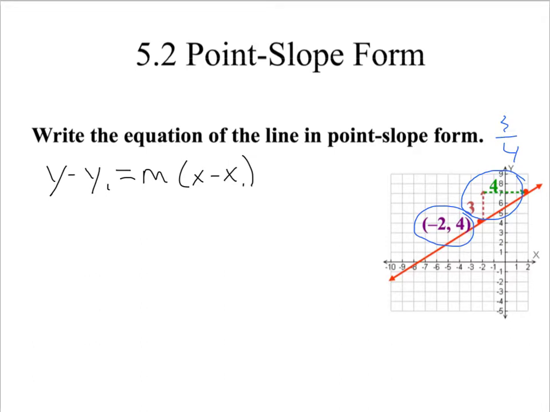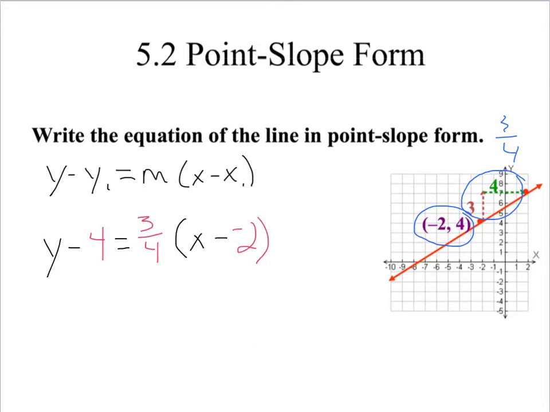Again, we keep y, just regular y as y, and we're going to subtract our y coordinate. We have our point, negative 2, 4. We're going to plug in this 4 is equal to our m, which is our slope, 3/4, times the difference of x, and then we have our x1, which is minus a negative 2.